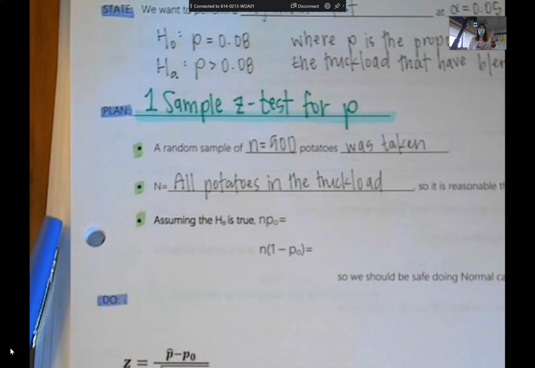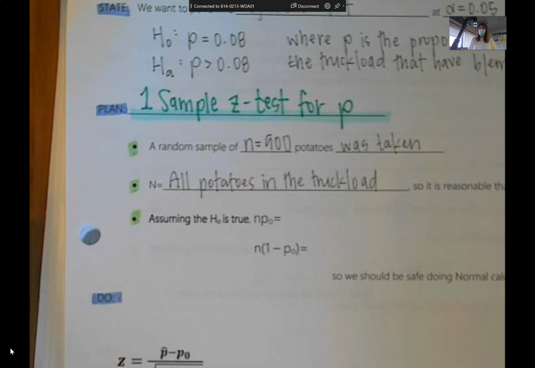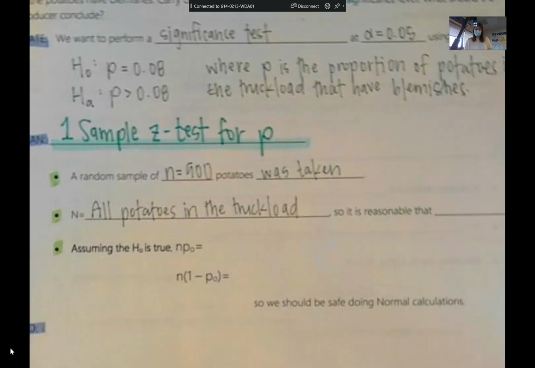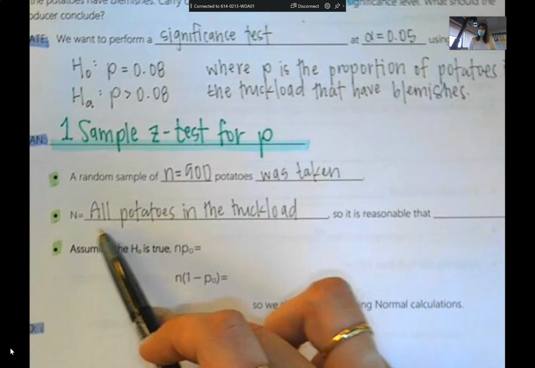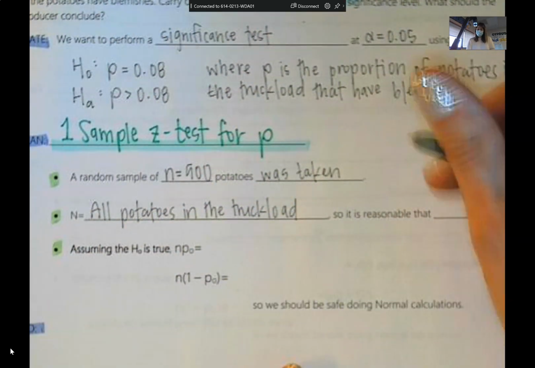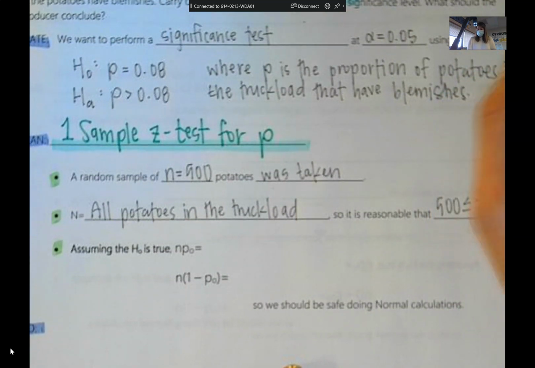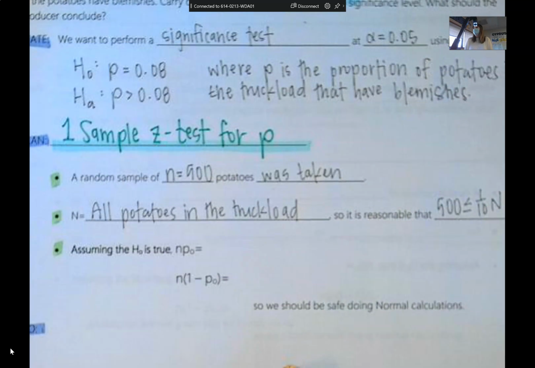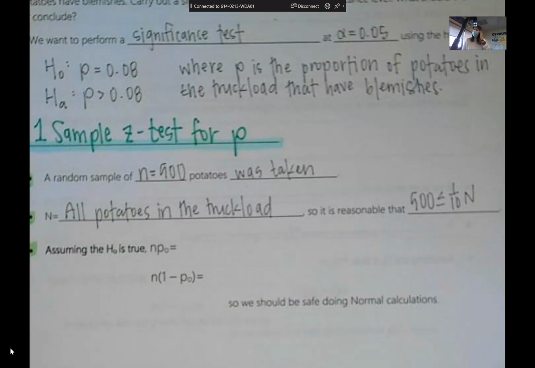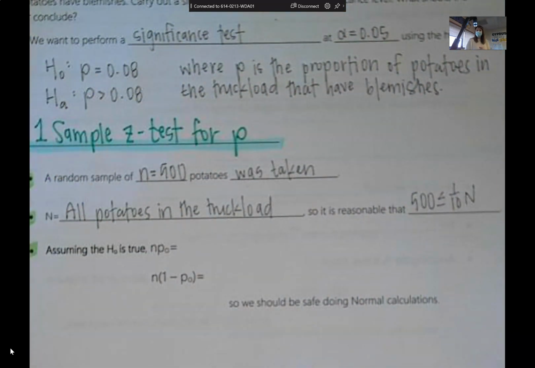It's like when somebody wants you to guess the M&Ms in a jar and it turns out there's like 10,000 in there because you can actually fit a lot of M&Ms in a jar. It's that situation. So if it's all potatoes in the truckload, it's reasonable that 500 is less than a tenth of that.